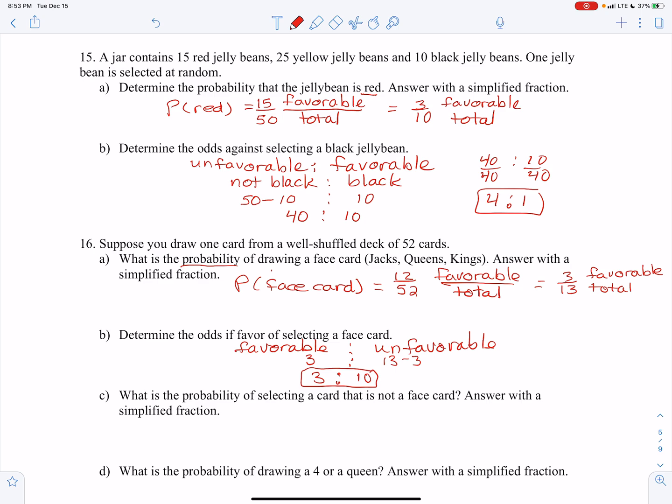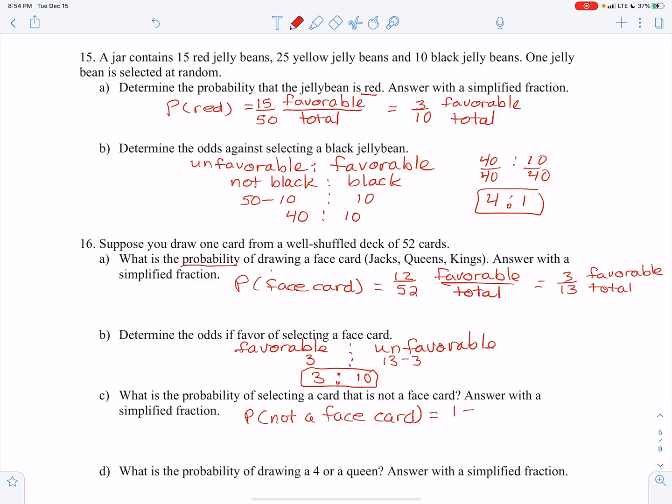So the probability of selecting a card that's not a face card. For this, I can use the complements formula to find the probability that an event will not occur. All we have to do is subtract the probability that it will occur from 1.